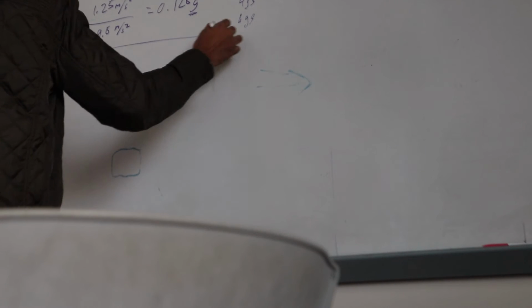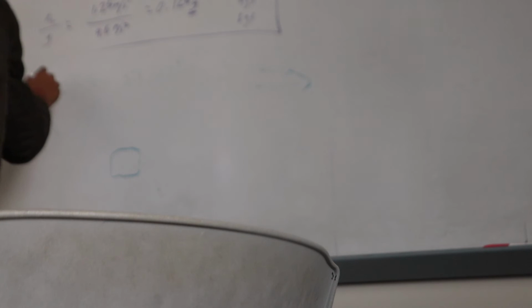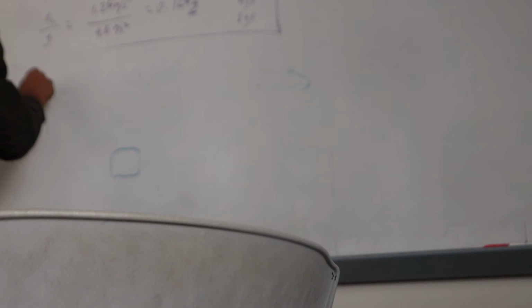How much is that? You put 4 zeros on the end. So 7.5 times 10 to the 4 equals 7.5 with 4 zeros: 75,000.